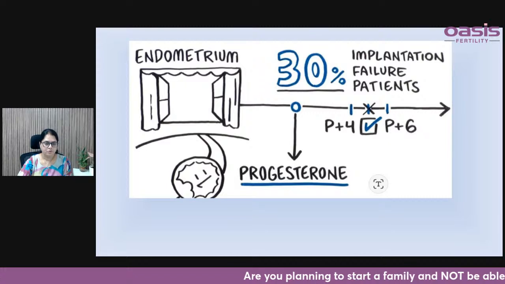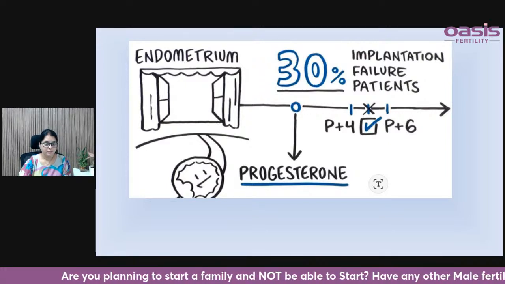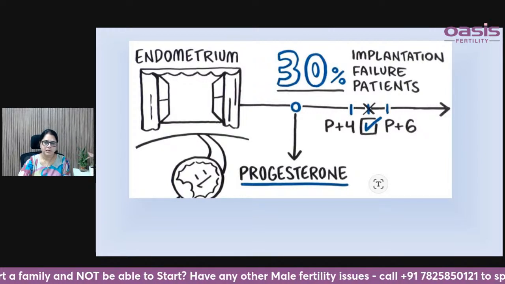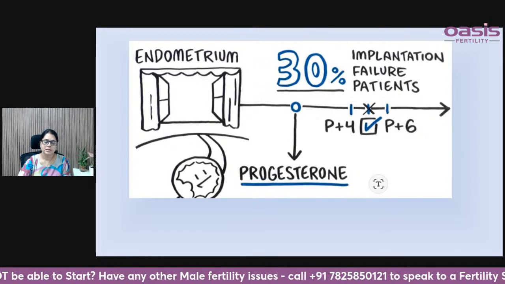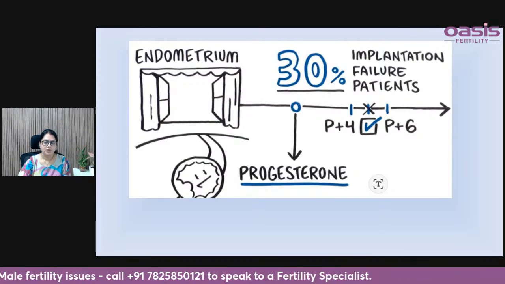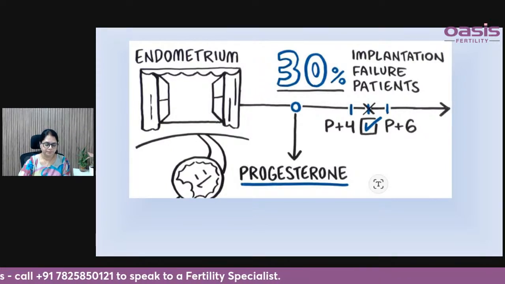But in approximately 30% of women with implantation failure, this window opens slightly earlier or slightly later than P plus 5, that is either on P plus 4 or P plus 6.